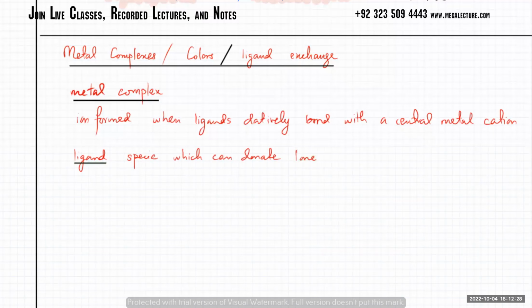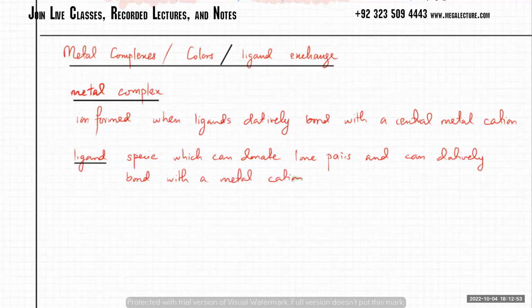It has lone pairs and can datively bond with a metal cation. So there are two definitions, and we're going to learn what this means.